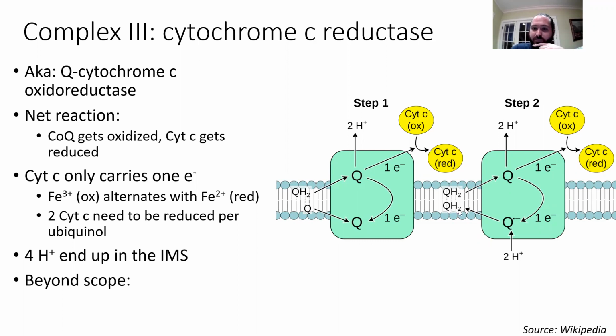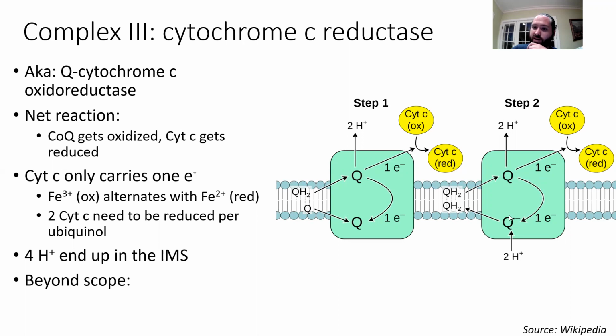And then in the second step, another coenzyme Q reduced will come in, will do the same thing, pump 2 protons, reduce a second equivalent of cytochrome C, and hand its other electron to the Q minus.